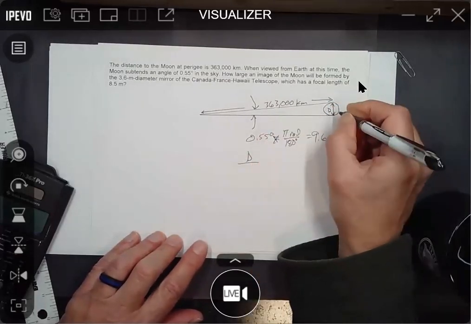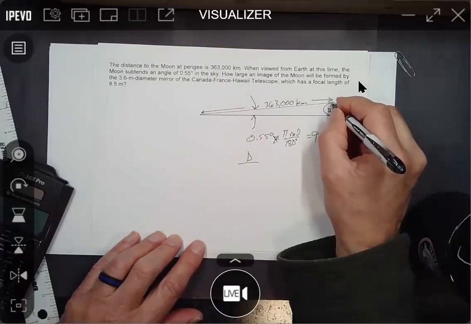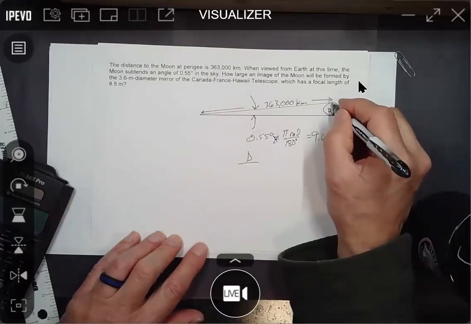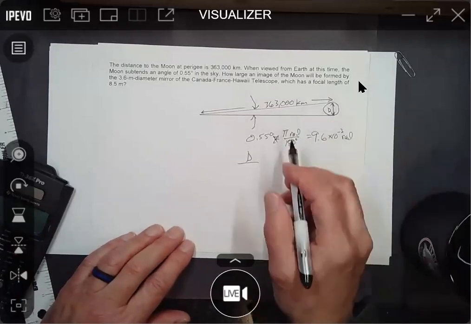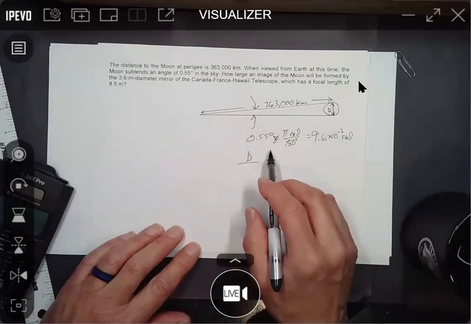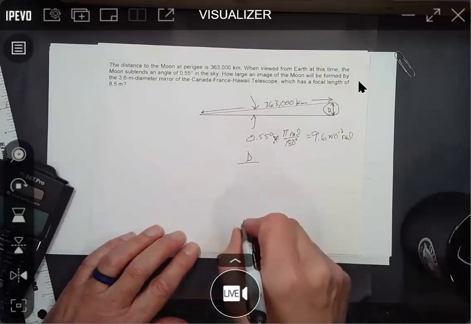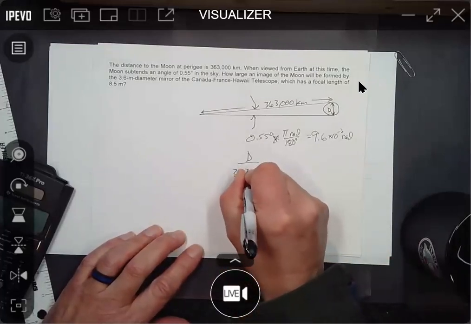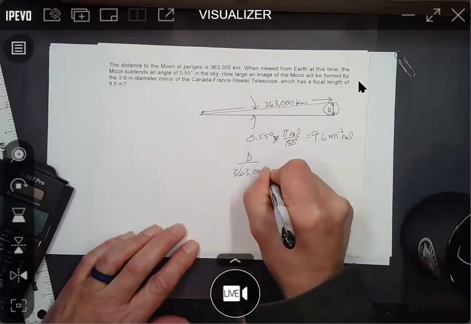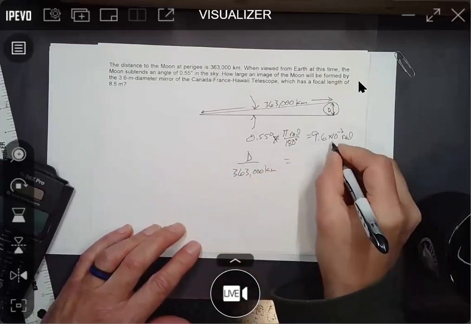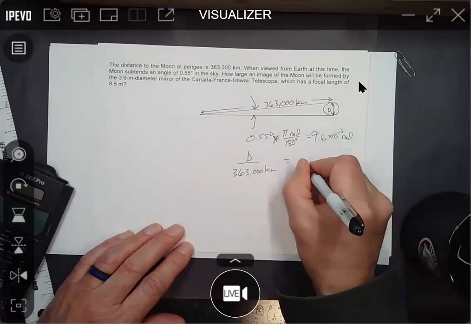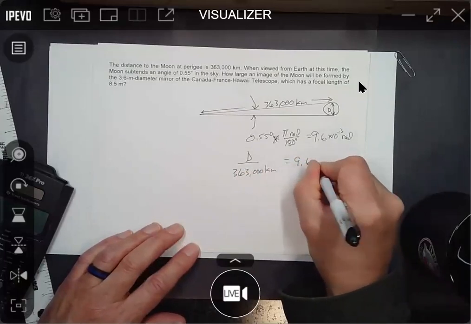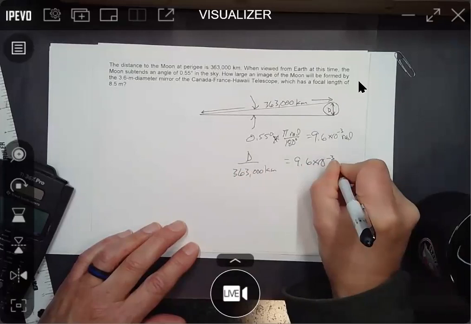When it's an angle this tiny, even though it's a line connecting 2 points, the difference between, I think you call that a chord, the chord and the arc length is not significant when you're dealing with an angle this small. And so D over 363,000 kilometers is going to equal that many radians. Arc length divided by radius equals the radian angle measure. So that'll be 9.6 times 10 to the minus third radians.